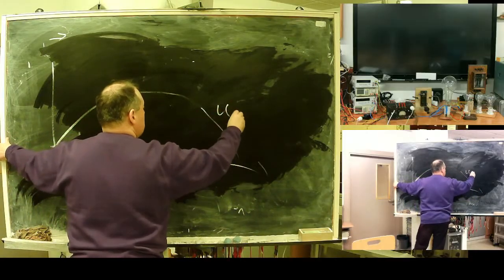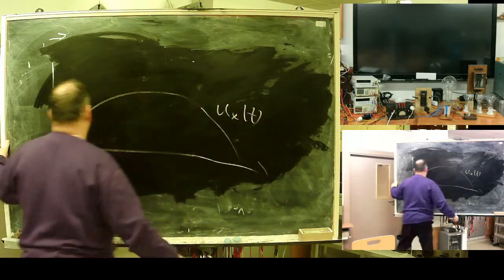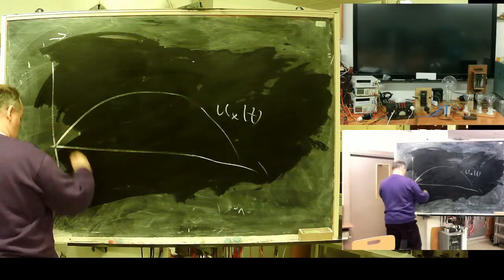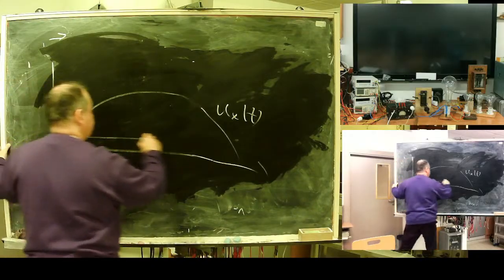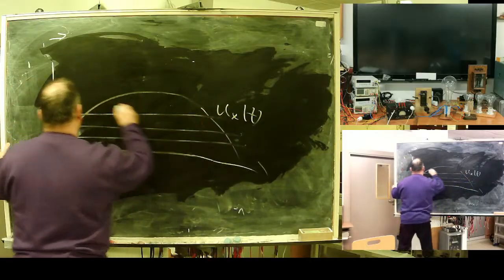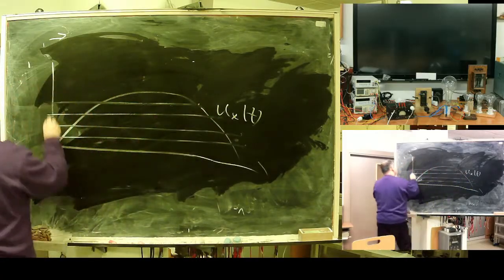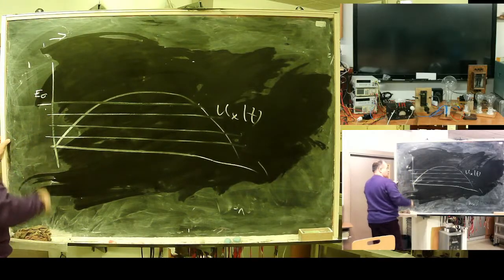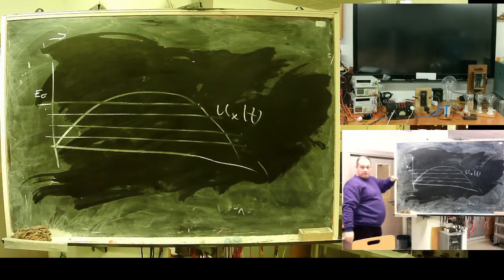This is my voltage. I have one level, two level, level 3, level 4. Zero. Okay, you understand. These are my voltage.